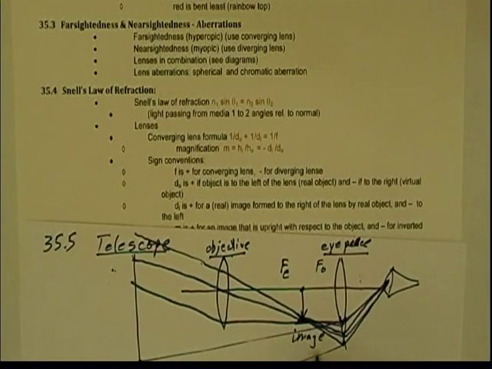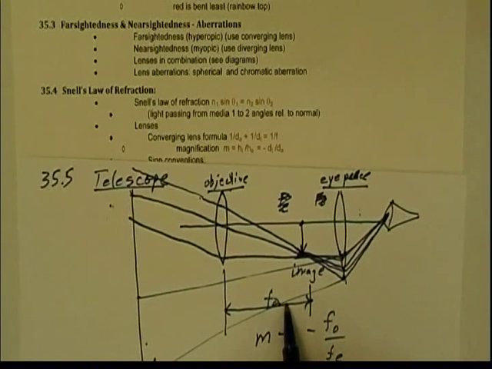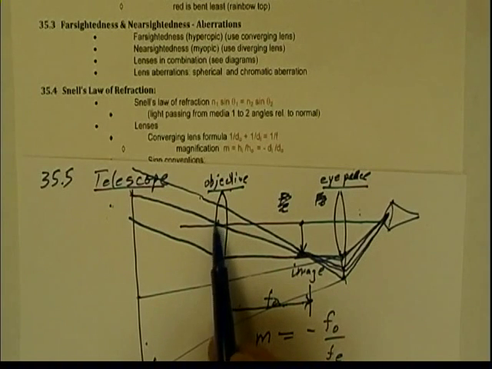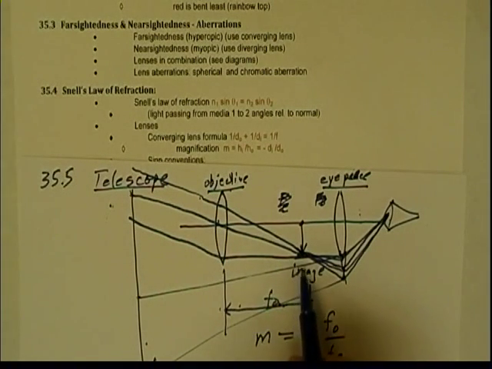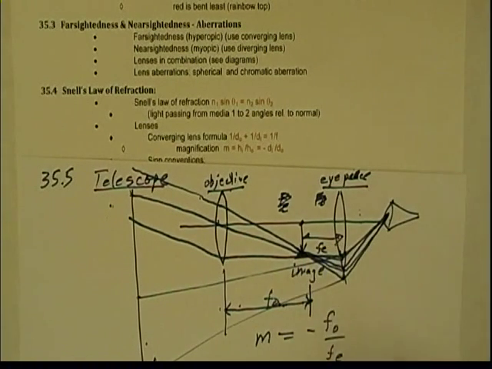If I look at precisely the distance between here and here, this would be f0. f0 is going to be the focal length of the objective lens, and fe is going to be the focal length of the eyepiece lens.